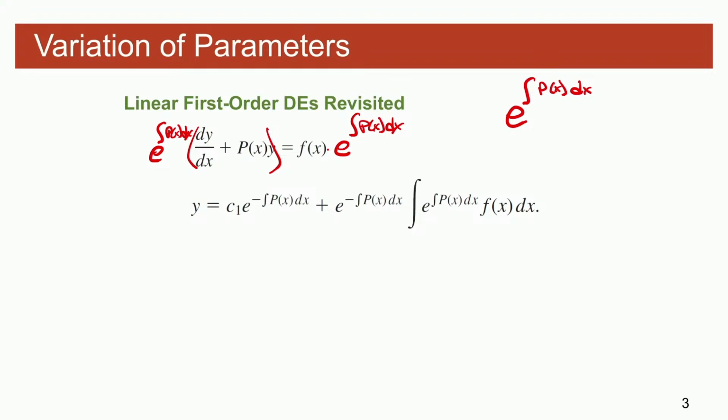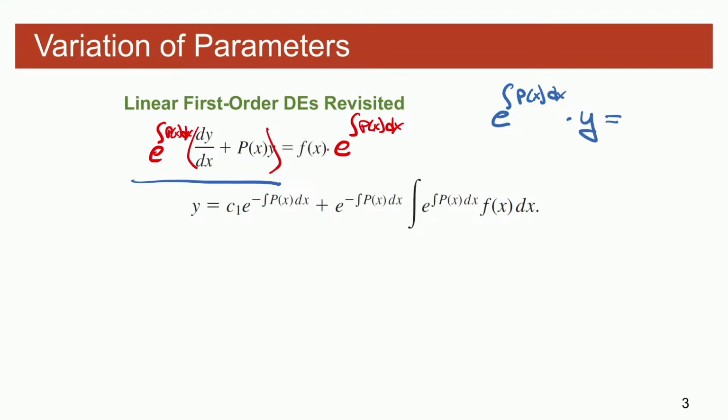The left side, here, I'm going to erase this over here. You probably don't need it, but I'm going to do it anyway, because I care as a mathematician. On the left side, because you're reversing the product rule, you know that's going to be e to the integral of p of x dx times y.